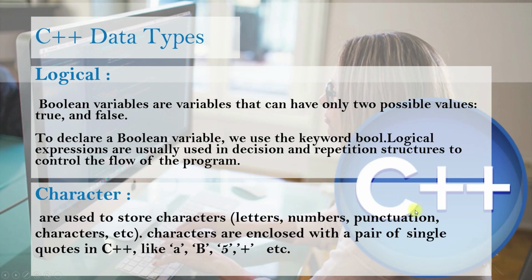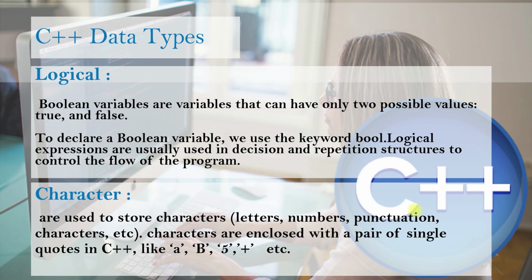And character. Character is what kind of data type? Characters are used to store characters, okay? Characters can be letters, can be numbers. This number can be only 1, 2, 3, 4, 5, 6, 7, 8, 9, and down. 10 can't be stored in there.